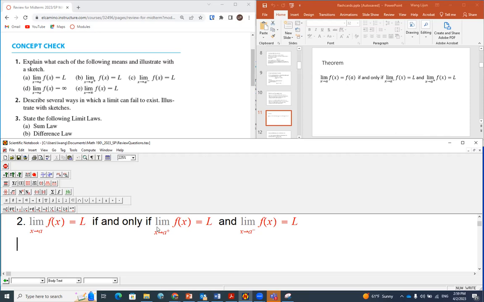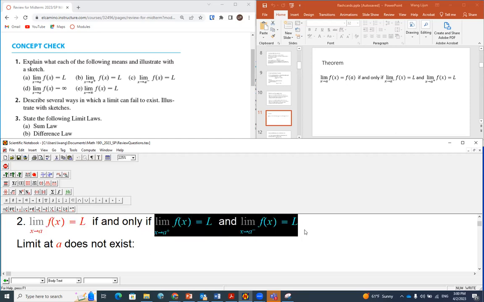And what's the opposite? Limit at A does not exist. So this is not true. If this is not true, that means the if and only if part is not true.